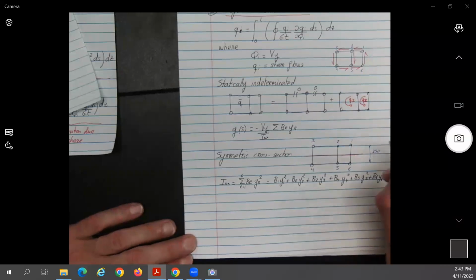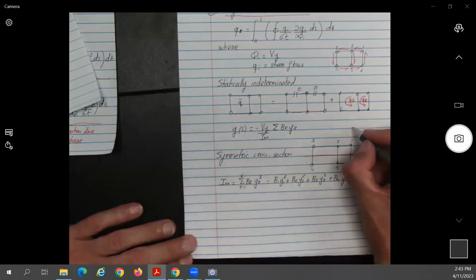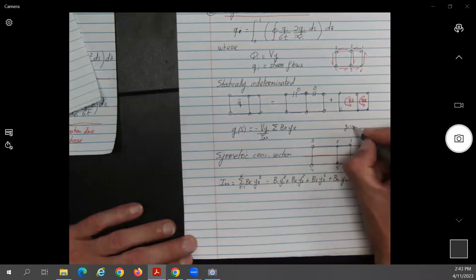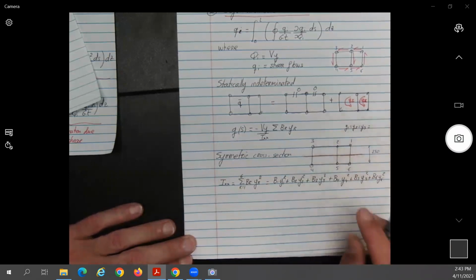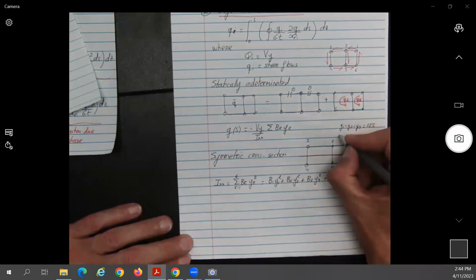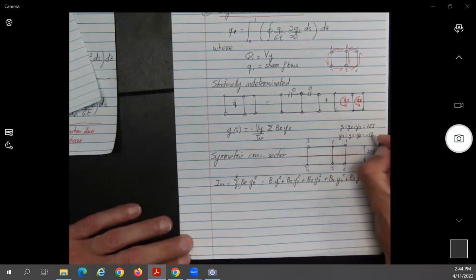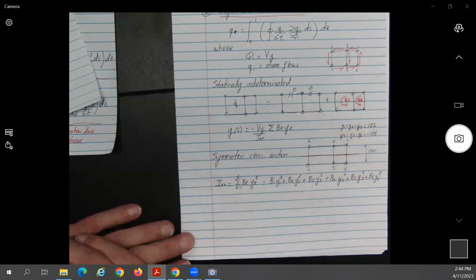Where, what is Y1? What will you have? Y1, Y2, Y3 equal to what? 125, and then Y4, Y5, Y6 will be equal to what? Negative 125.